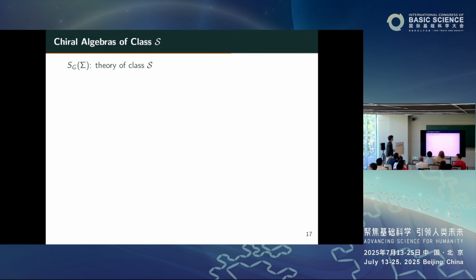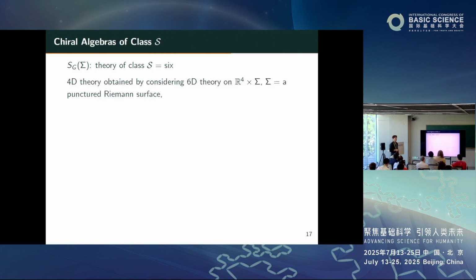So now I'd like to talk about the vertex algebra coming from the so-called 4D theory of class S, where S stands for 6. This comes from a higher dimensional, 6-dimensional theory.